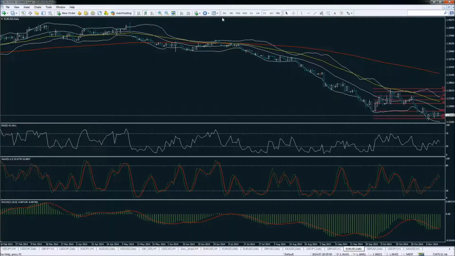So what you can measure here is the same thing that the MACD is measuring, the convergence and the divergence between the moving averages.